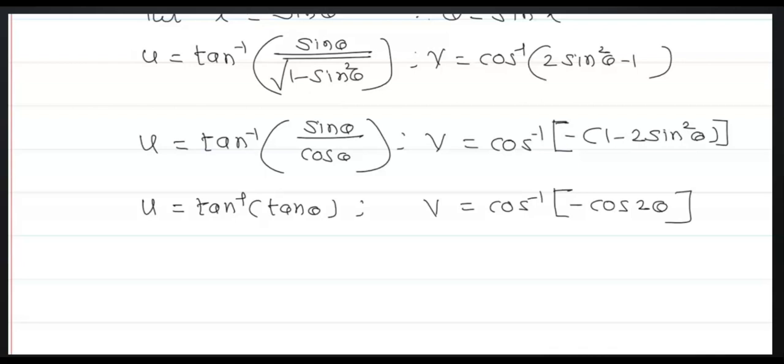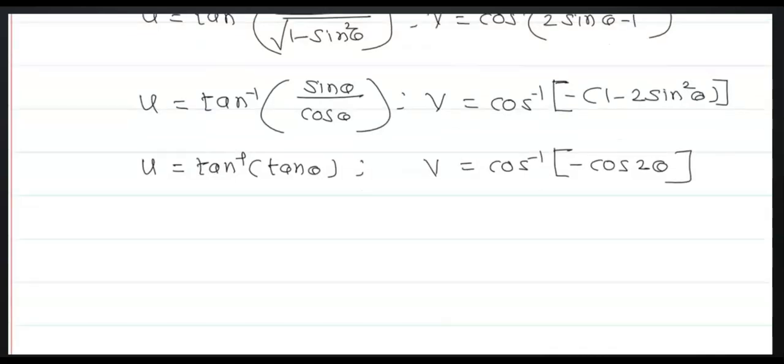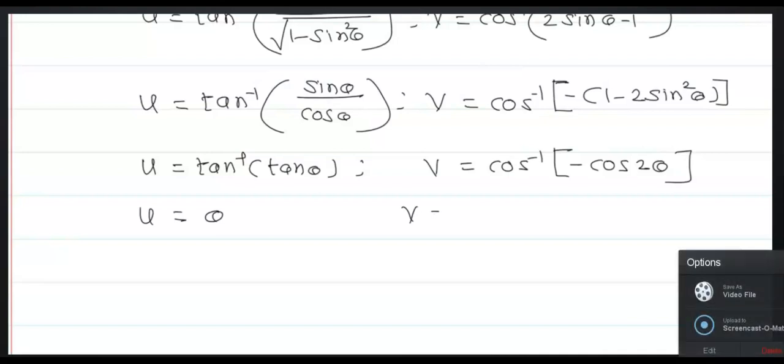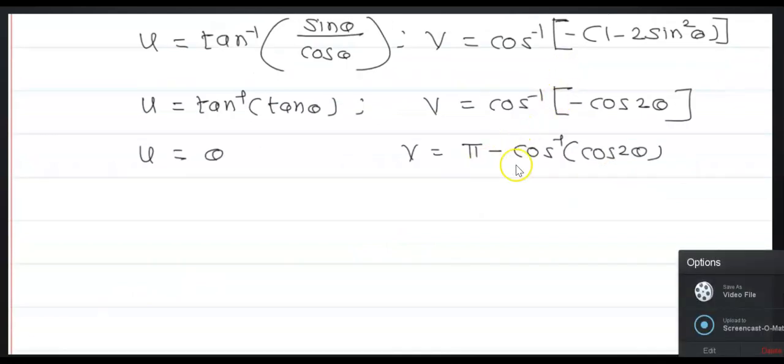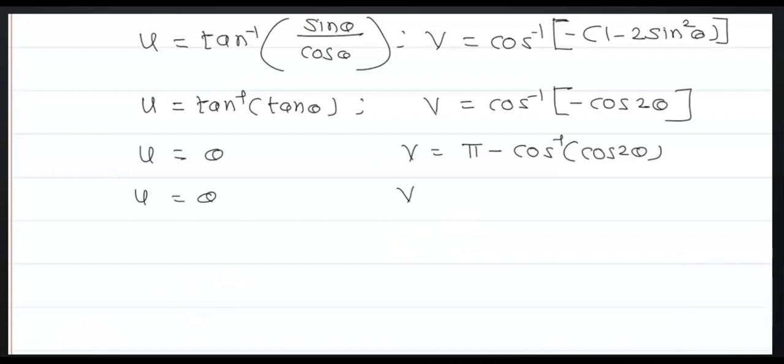We have taken the minus sign as common. Therefore, cos of 2 times theta is 1 minus 2 sin square theta. Therefore, u is equal to theta, and v is equal to cos inverse of minus cos of 2 times theta. That is nothing but pi minus cos inverse of cos of 2 times theta. Now cos inverse of cos of 2 times theta means what? This is 2 theta. Therefore, u is equal to theta and v is equal to pi minus 2 theta.